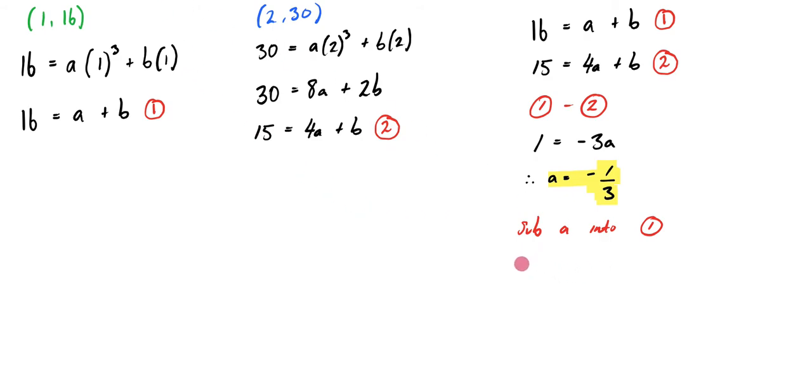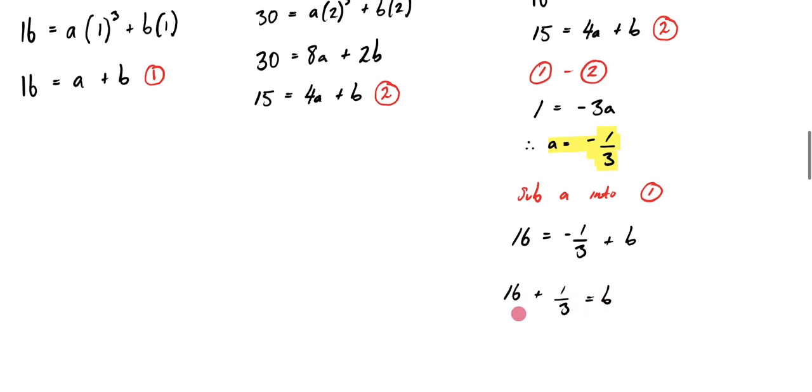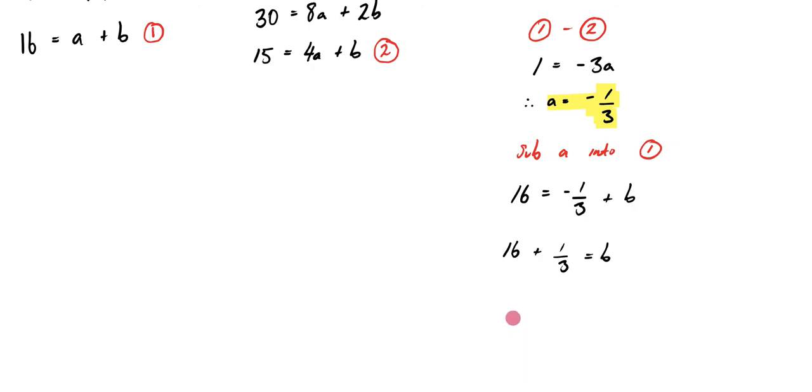I'm going to say I have 16 equals a is going to equal negative 1/3 plus b. I will then plus 1/3 to both sides like this. I then have to make sure that my 16 has a denominator of 3, so it's going to become 48 over 3, which is going to be plus 1 over 3 plus b.